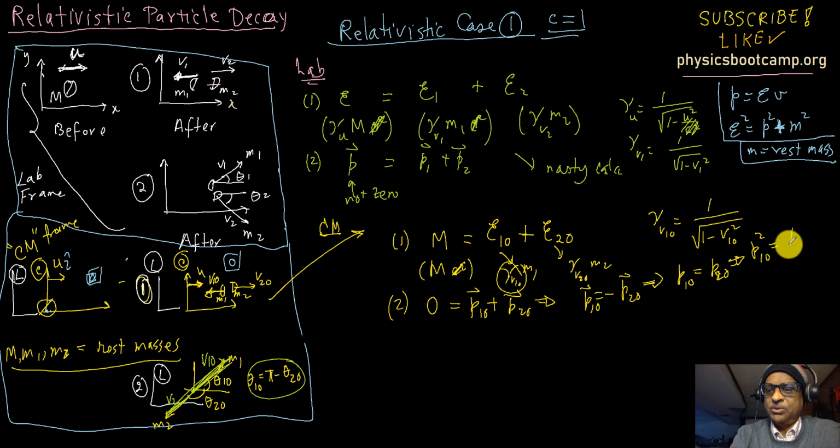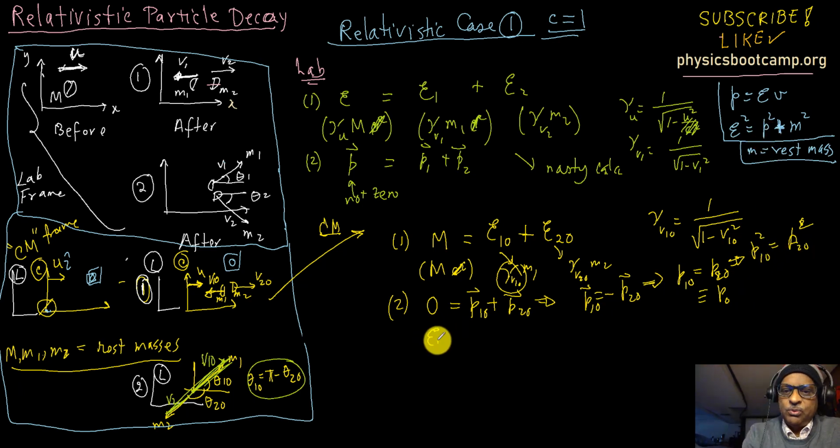P10 squared equals P20 squared, and of course we can just use one symbol, P0. So if I want to use momentum in some formula, just one momentum value. Okay, so now P10 squared, and I just substitute over there.